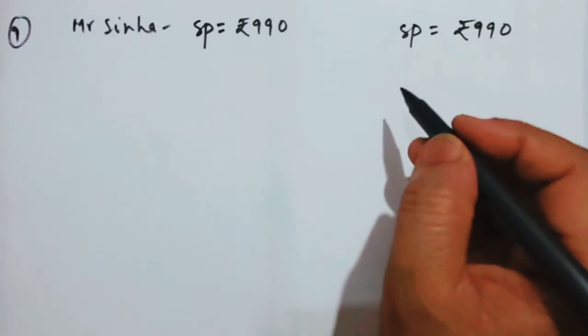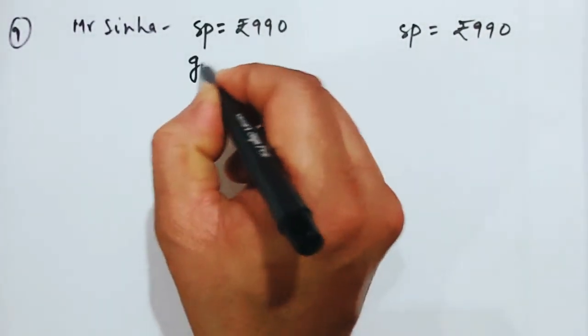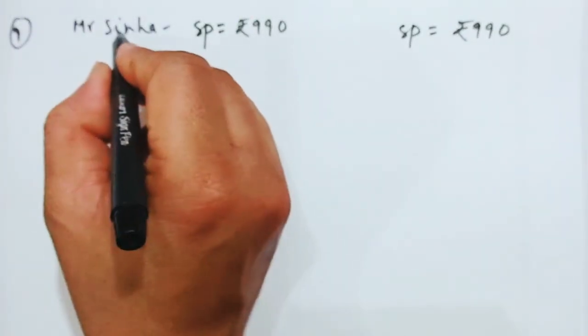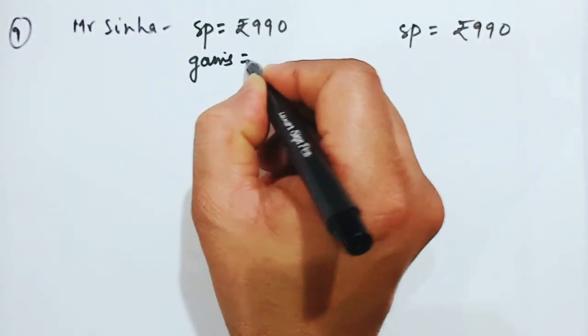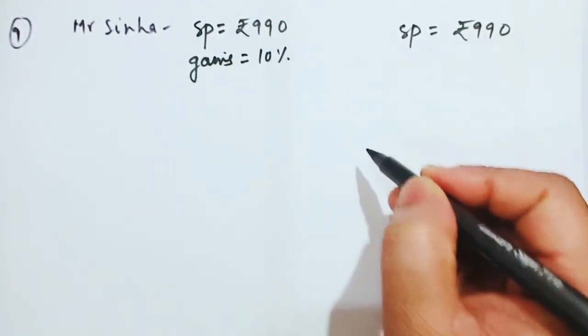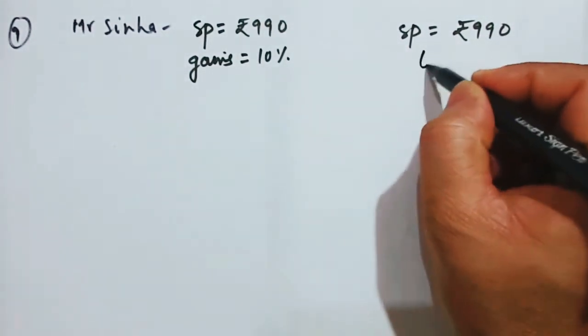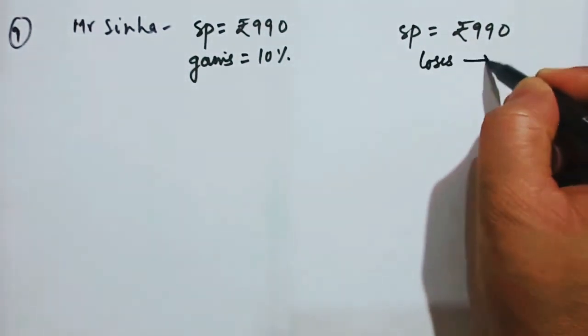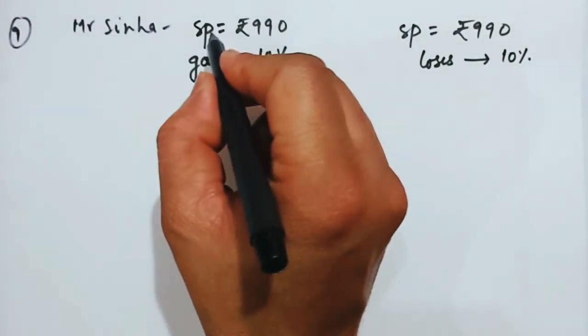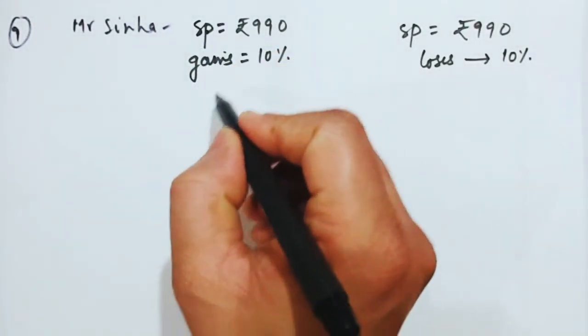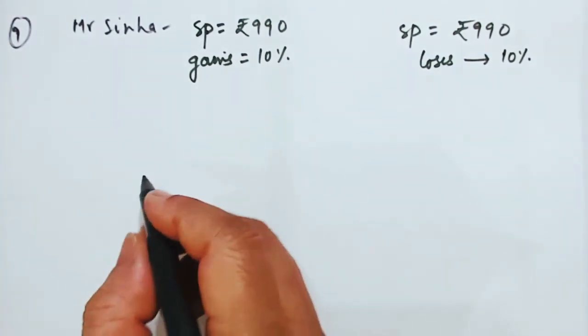Good. On one he gains 10%, and on the other he loses 10%. Very good. So you have selling price over here, gain percent 10%.